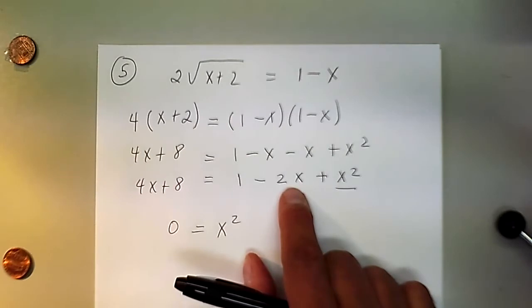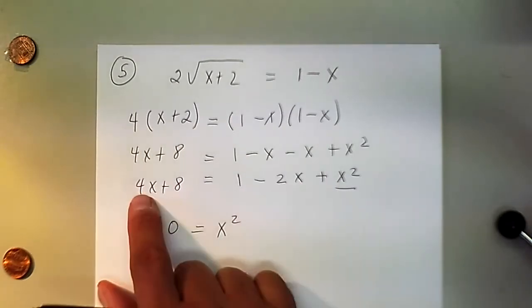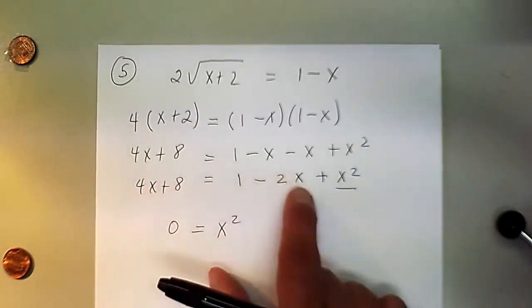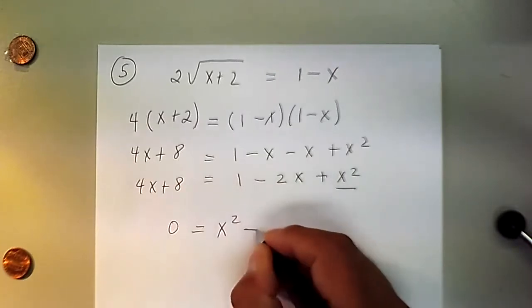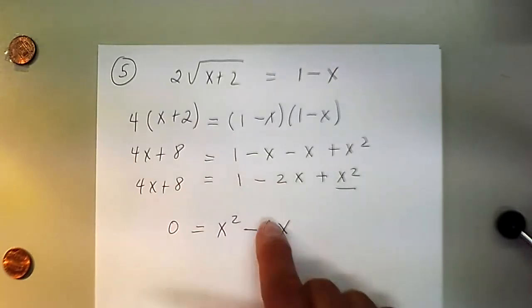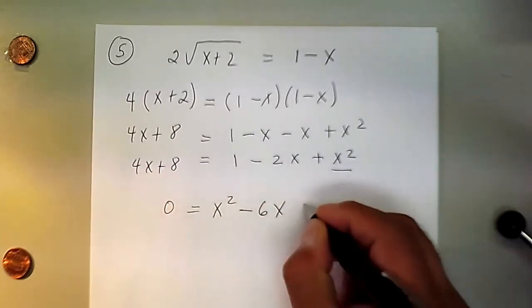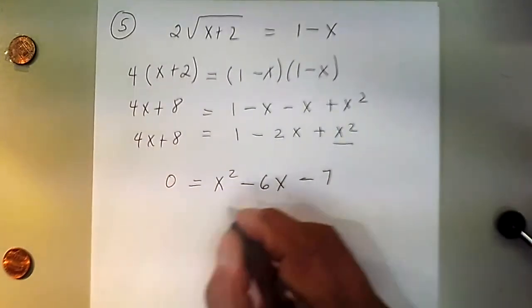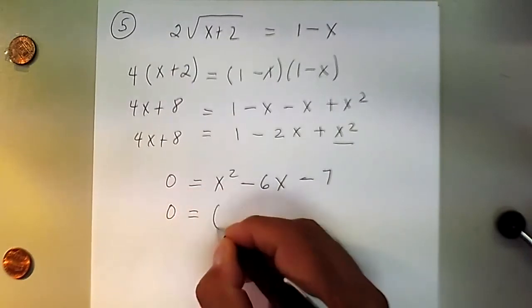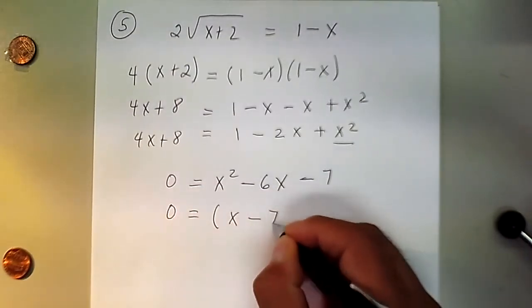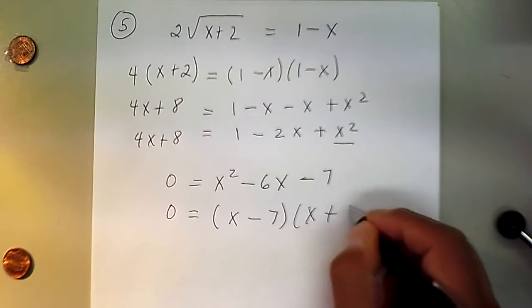And then we have a negative 2x's. But then we're going to subtract 4x from both sides of the equation. So we have actually negative 6x's. And then 1. But then we're going to take away 8 minus 7. Okay. So that factors into x minus 7, if I'm not mistaken, x plus 1.